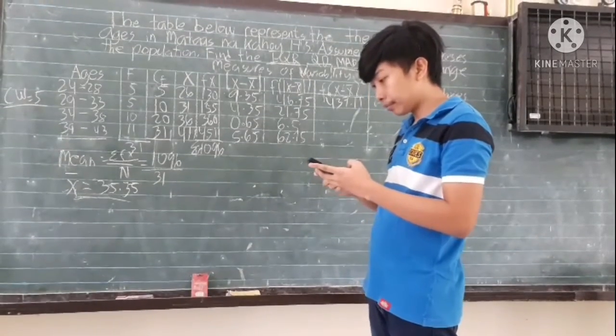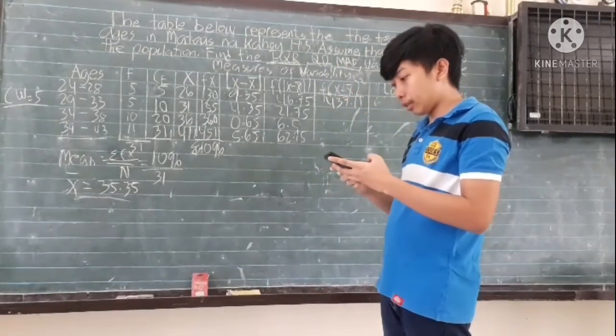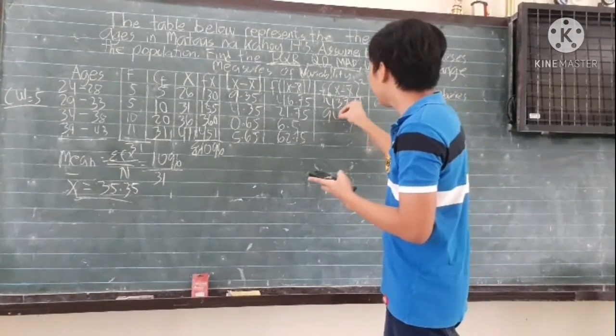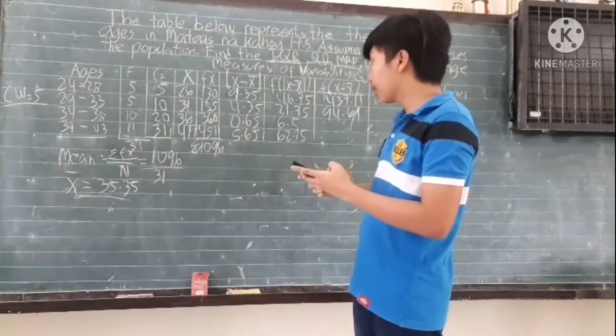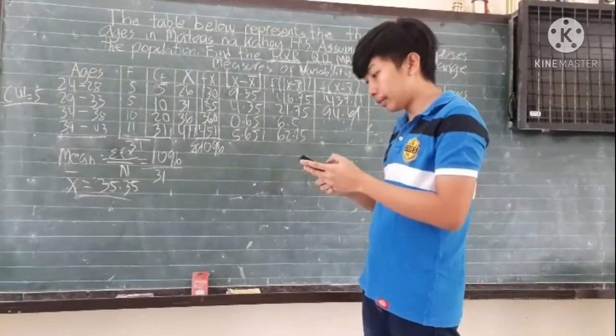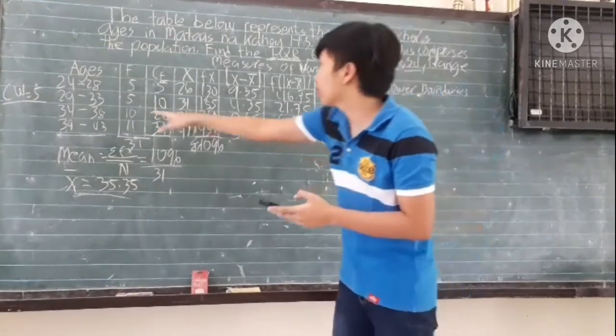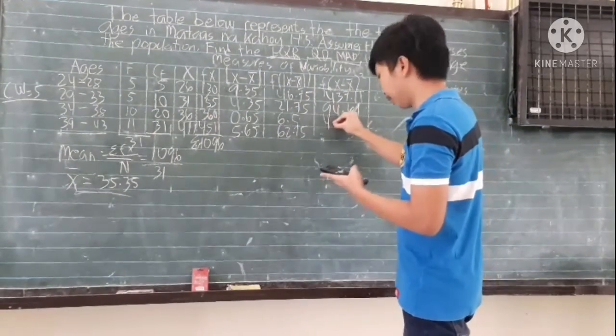So the next one is 4.35 squared times 5 again, because it is 5. 94.61. Therefore, 0.65 squared times 10, 4.22.